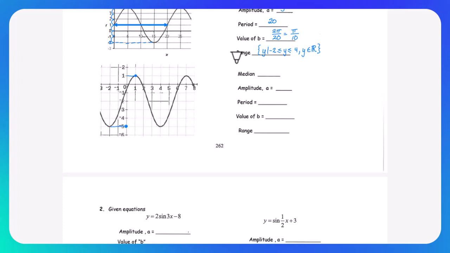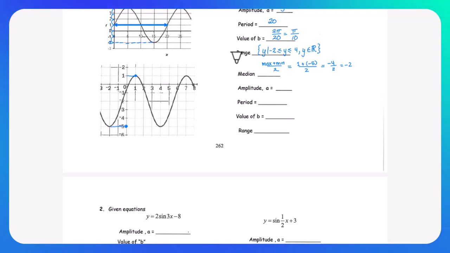So median is the average, so it's the max plus the min divided by 2. Well, the maximum value is 1 plus the minimum value is -5, divided by 2 gives us -4 over 2, or -2.